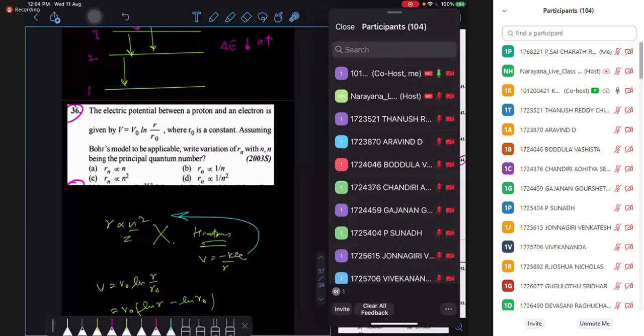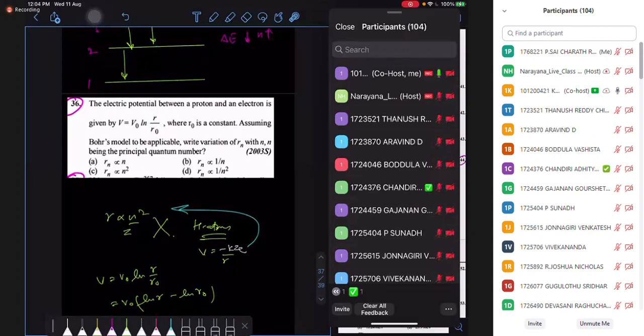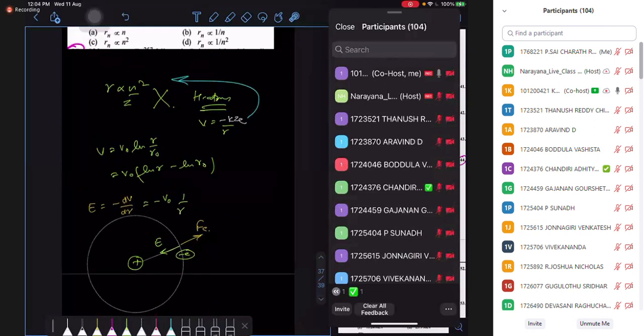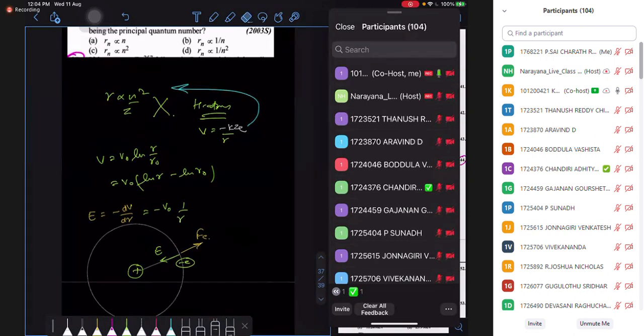I hope so. There is a misprint. R should be in the bottom and R naught should be above. If I take R naught above and R in the denominator, then you can have a stable nucleus. So this is a little misprint. So try to make little corrections here.